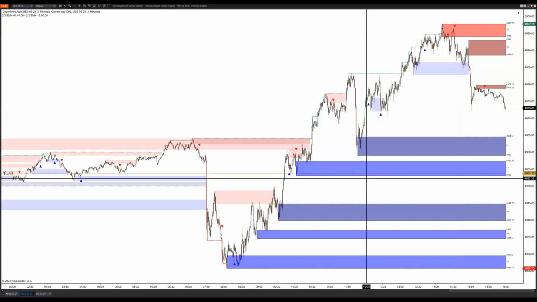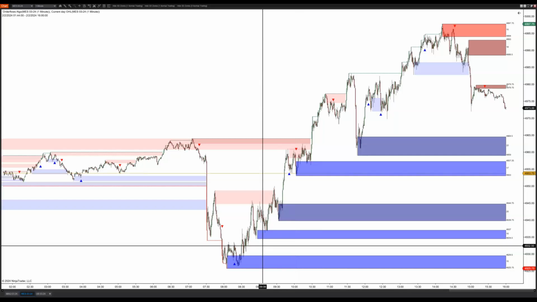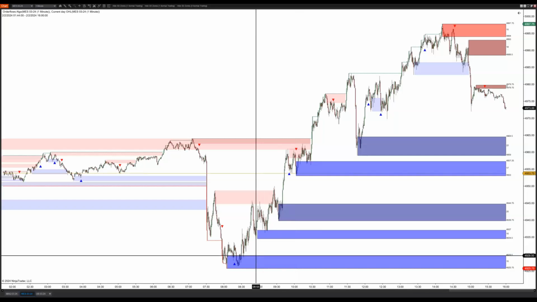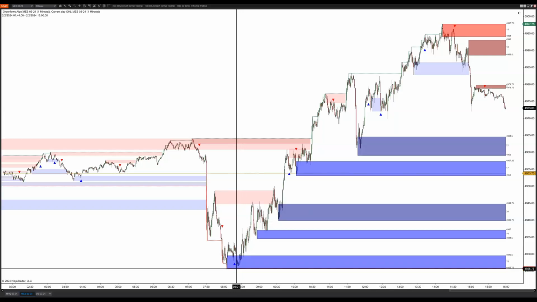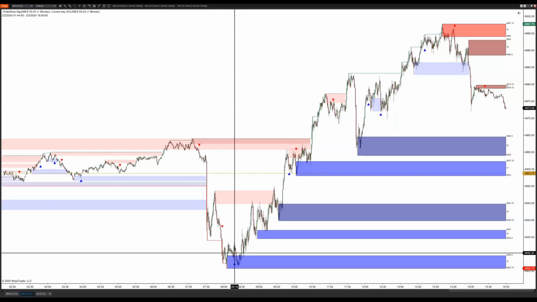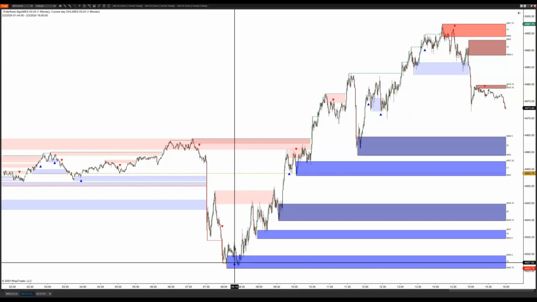Now we have what we call the add-ons, right? Because adding on to a position, a winning position, is something you always really want to do. Okay, so example, right, if you're long, so like down here, this zone down here at the low, this blue arrow, it might be a little hard to see, but there's a blue arrow here. So it's telling you this zone is confirmed.